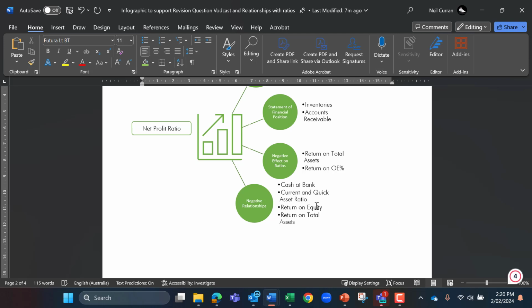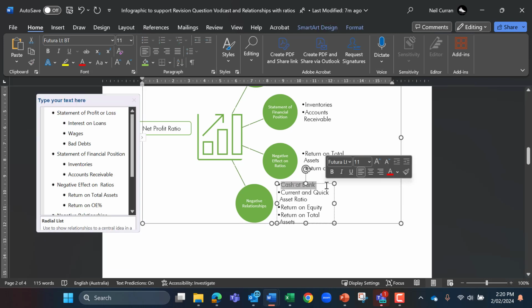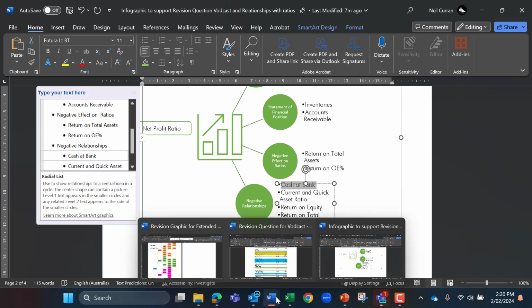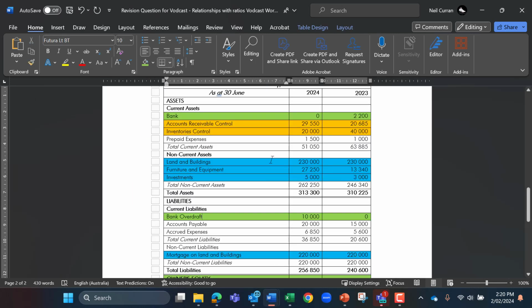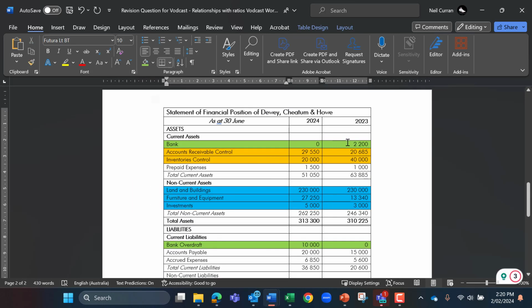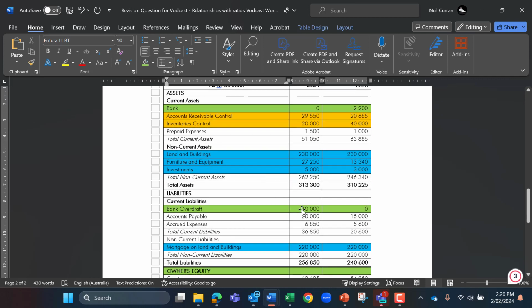The issues and the explanation of the trends will be done in a further podcast. The negative relationships of having a decrease in net profit will give rise to a decrease in cash at bank, which we have seen here. The cash at bank has gone from having $2,200 in the bank down to a negative $10,000.